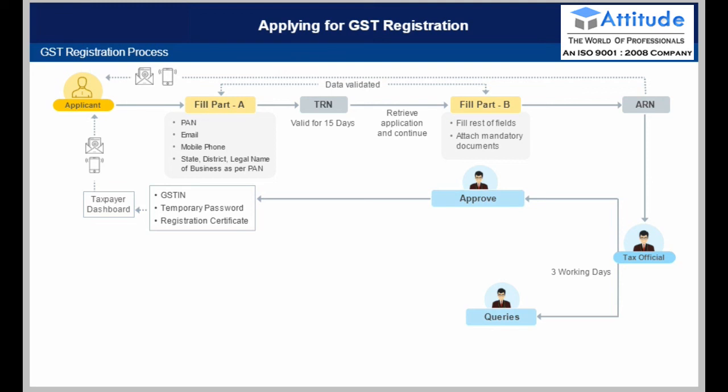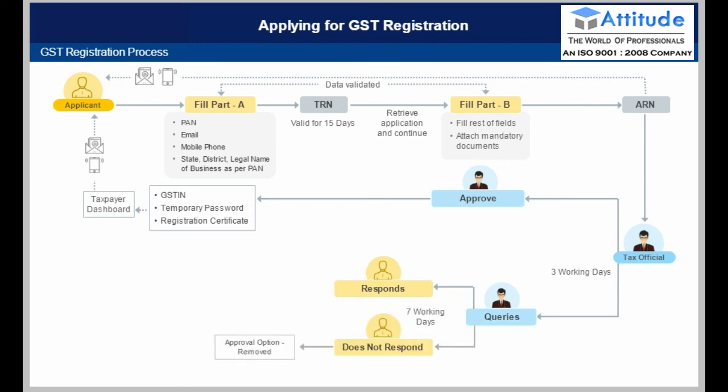However, if the tax official chooses to seek clarification on certain points, the applicant must respond to those queries within 7 working days. Otherwise, the option to approve the application will be removed by the system, and the tax official will only have the option to reject the application.